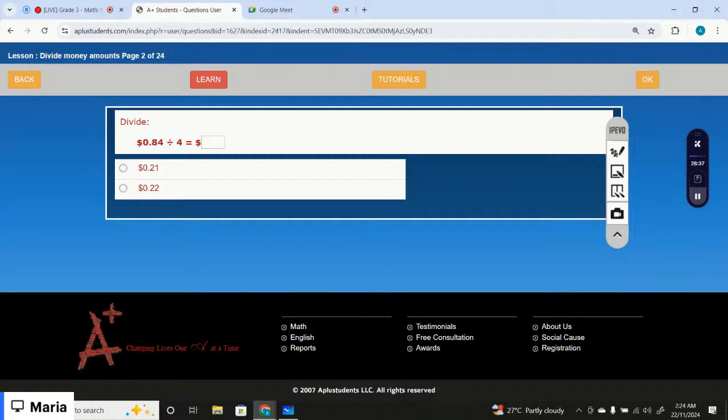So which is the correct option? That is 0.21. Option number 1 is the correct option.